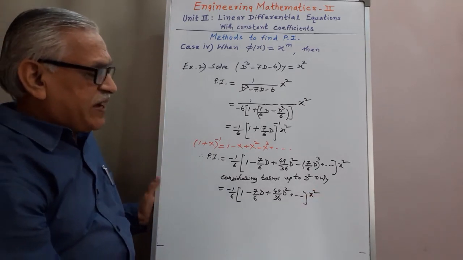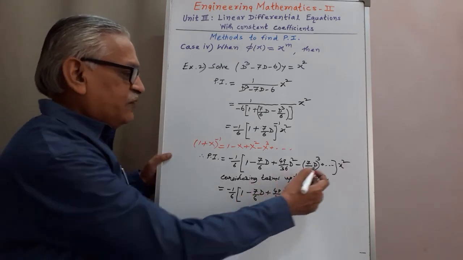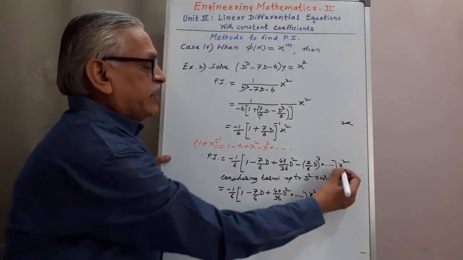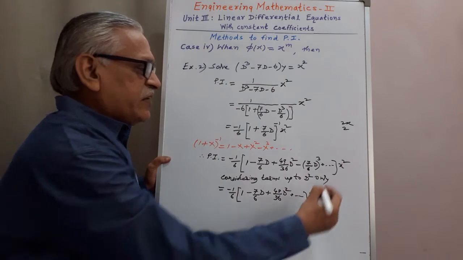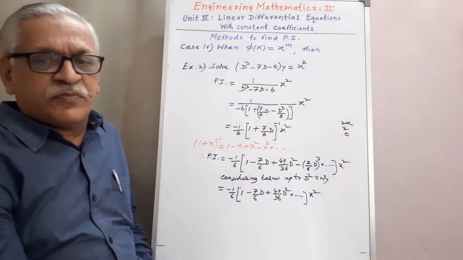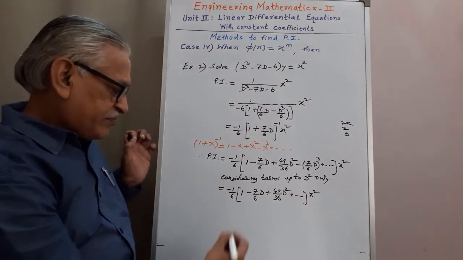The reason behind to neglect that term is that the first derivative of x square is 2x, next derivative of it is 2, and the third derivative is 0. Therefore, third and higher order derivative becomes 0, and as it becomes 0, we can neglect it.